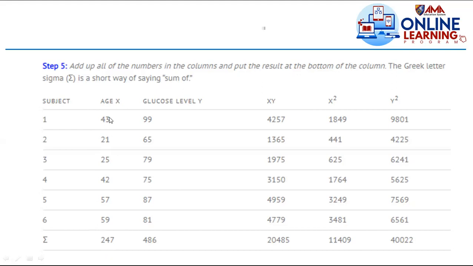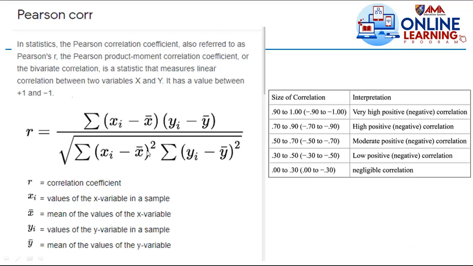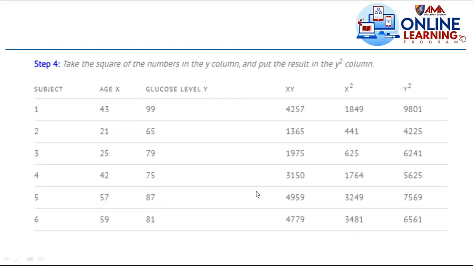Yung total po nito, summation of x, 247, summation of y, 486, summation of xy, 2485, summation of x squared, 11409, summation of y squared is 40,022, no? Para magamit po natin yung formula po dito. Ito siya, no? Okay? So, okay na tayo.